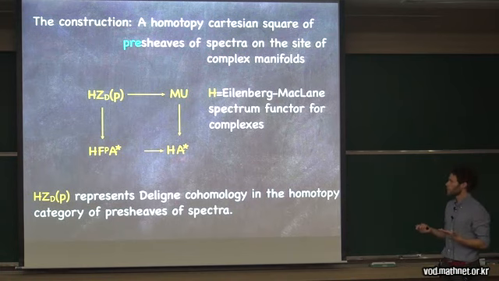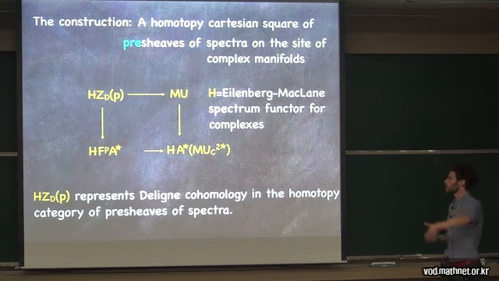Okay, now we also need to modify a little bit the other corner. So instead of just differential forms, we look at forms with coefficients in the complexified coefficient ring of this MU, just some nice ring. So we just have to enlarge a little bit our coefficients. There's nothing fancy going on.